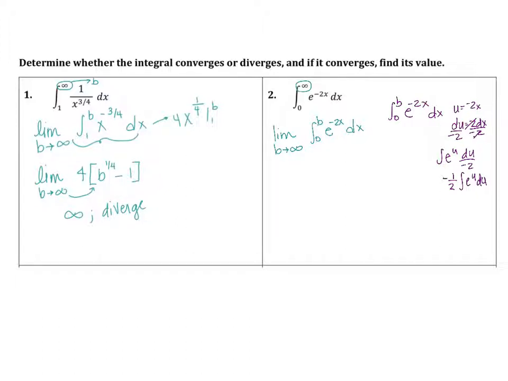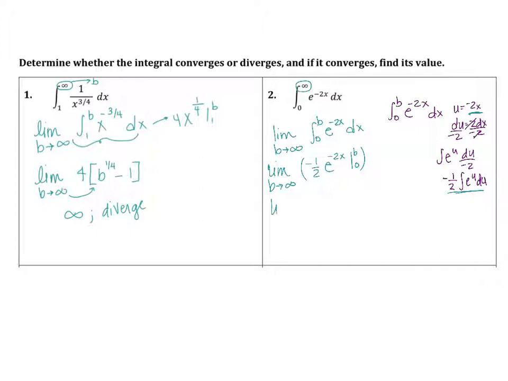And so now we're ready to come back over here and figure out what's going on with our limit as b approaches infinity of, and notice all of this will end up being negative 1/2 e to the negative 2x, because again that was what our u was equal to, and that's going to be evaluated from 0 to b.